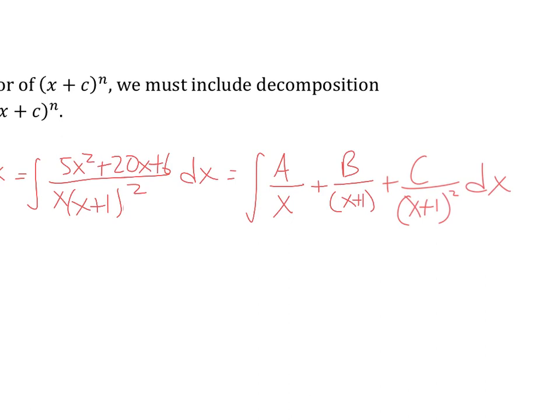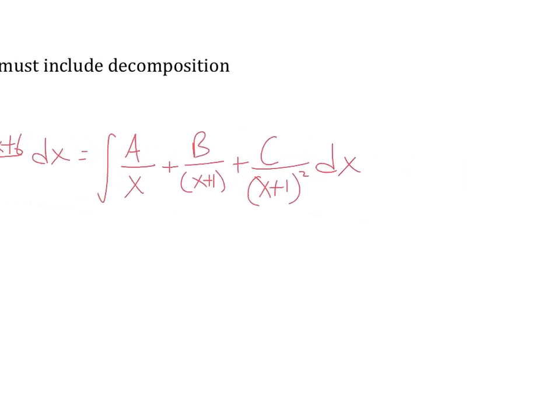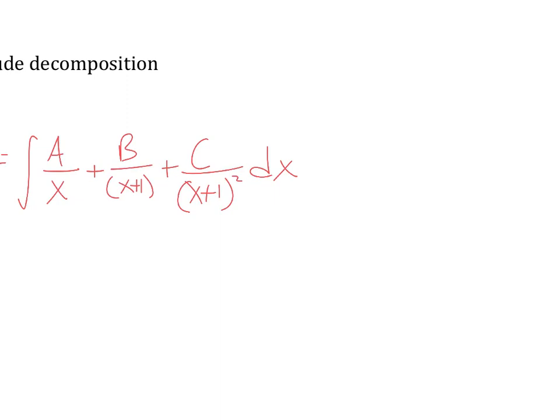All right. So we want that to be equal here. What we're going to do is simplify this fraction. We're not doing anything with the derivative or the integral yet. Our common denominator is x times x plus 1 squared.